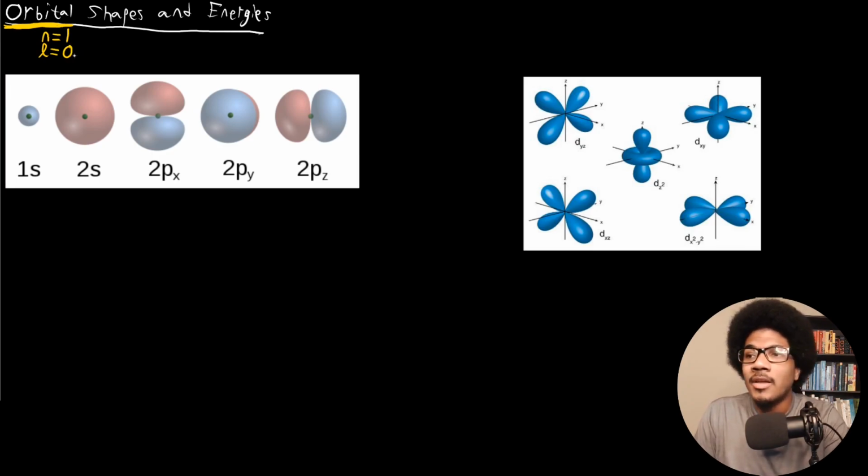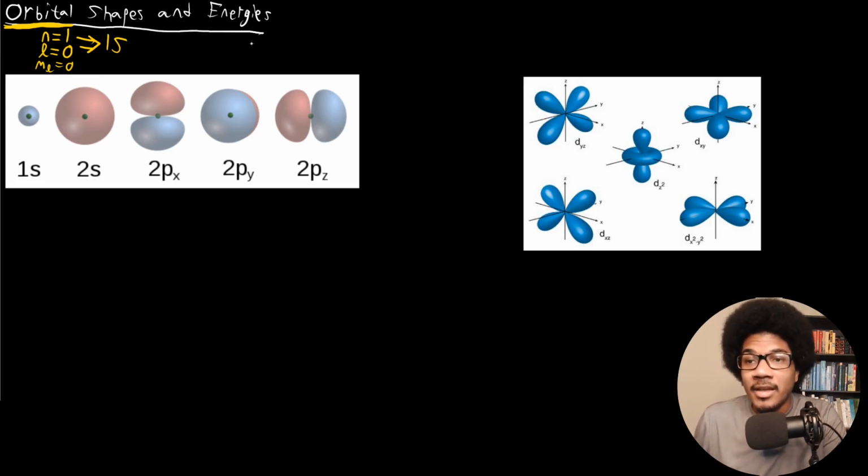So you're only going to have this L equals 0 in the first principal shell. And that means that for 0, m sub L would just be 0. So you only have one orientation. So what this means is that the only orbital that can exist in the first principal shell is the 1s orbital.